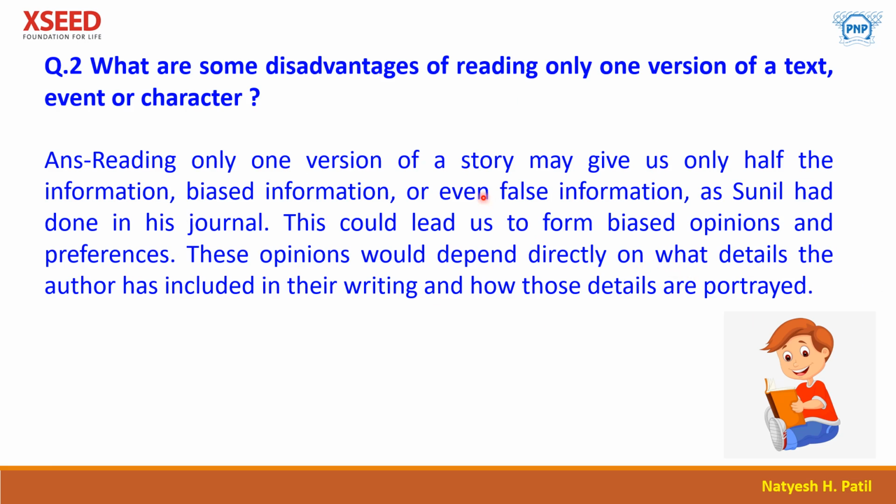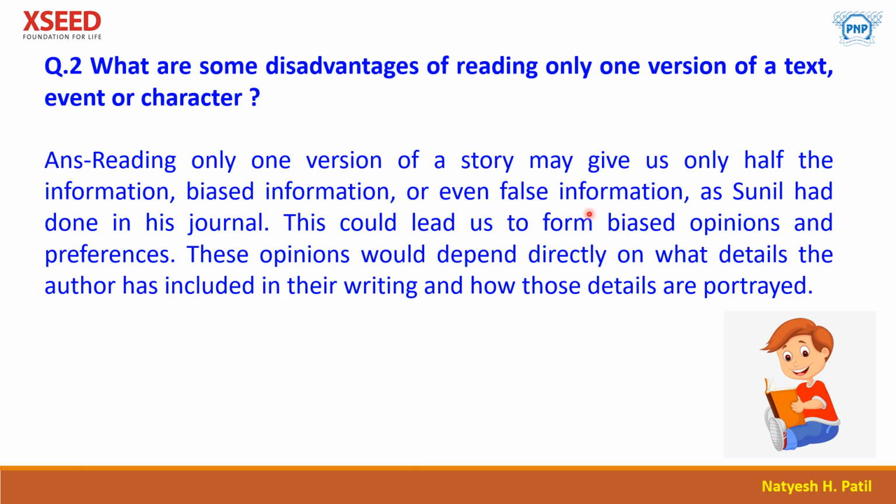Not? Then let me read it once again for you. What are some disadvantages of reading only one version of text, event, or character? Reading only one version of a story may give us only half the information, or biased information, or even false information. Like you have seen, Sunil had mentioned in his diary some of the good things, very goody things about himself.